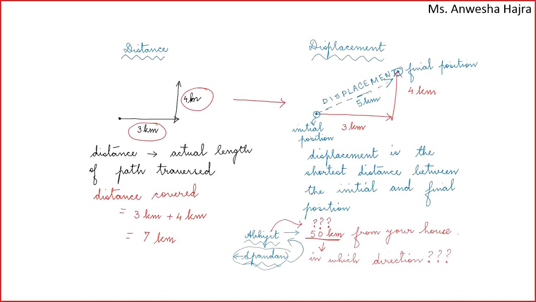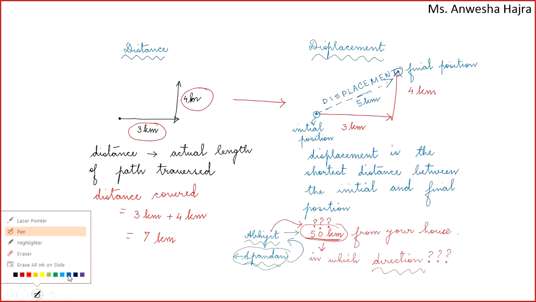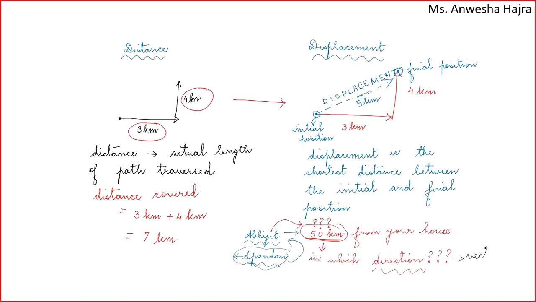So Spandan should have told Abhijit 50 kilometers in which direction. So at times direction becomes very, very important in physics. And those quantities which find very importance in direction in physics, those are called vector quantities.